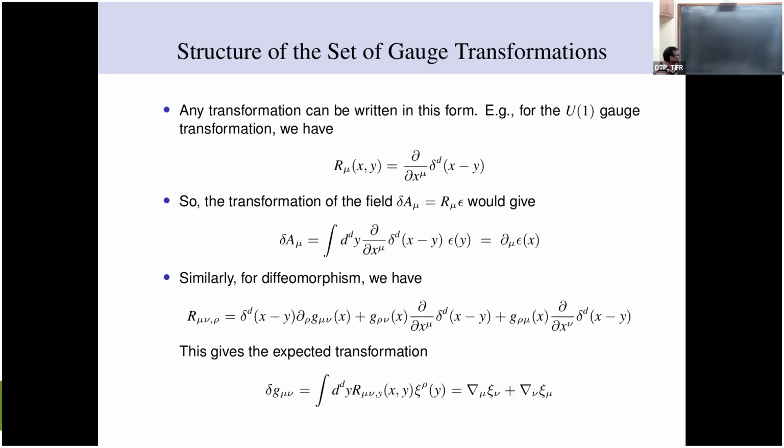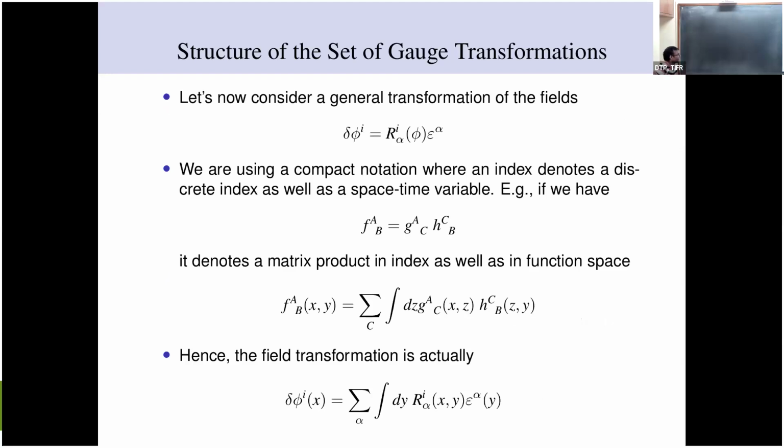But if you follow this notation, there is an integral over y, and you can do this integral and get the familiar del mu epsilon. Similarly for diffeomorphism, you can choose R mu nu rho appropriately, and if you just follow the notation, it will give you the expected result. So it's just a convenient way of discussing the gauge transformation.